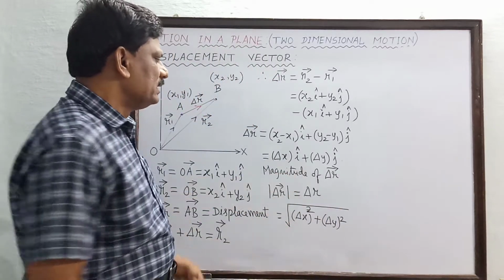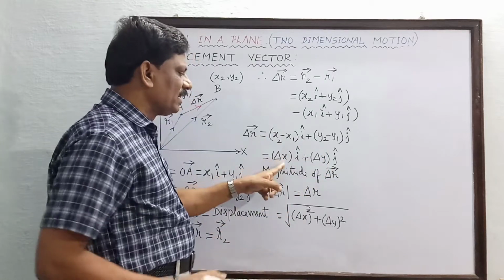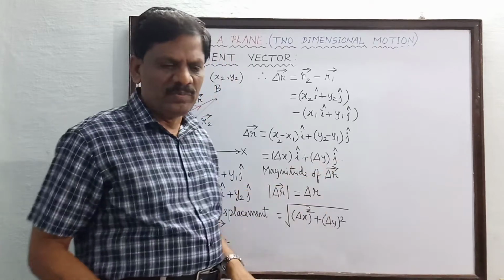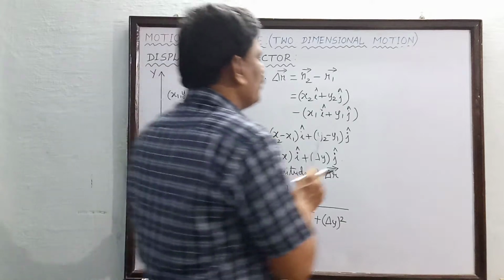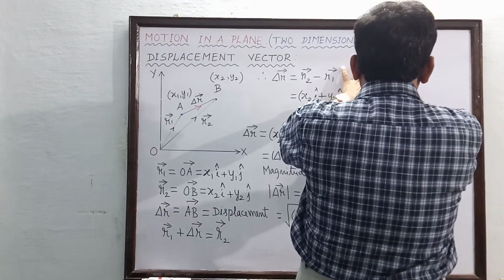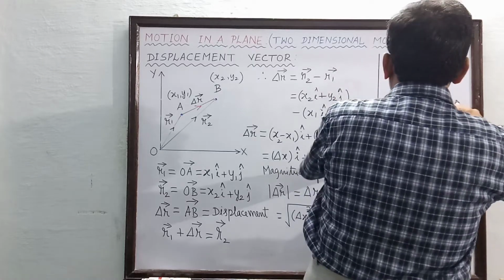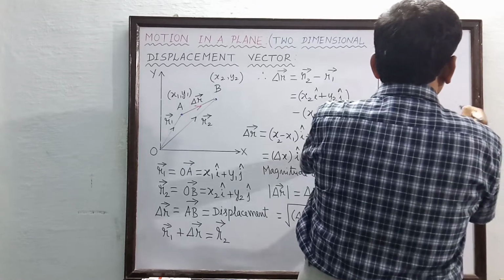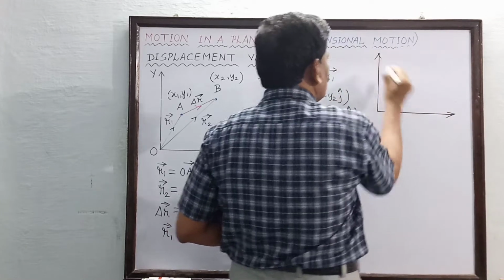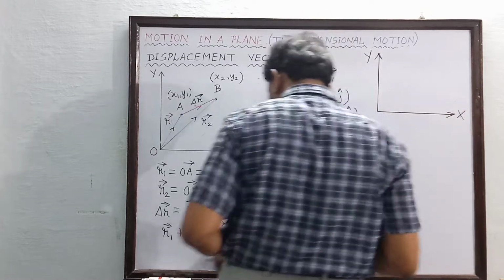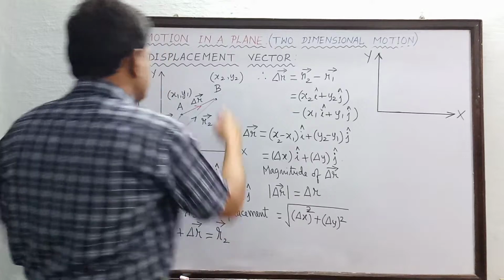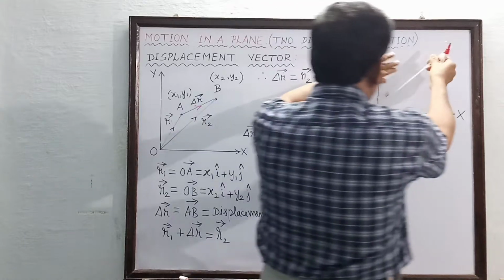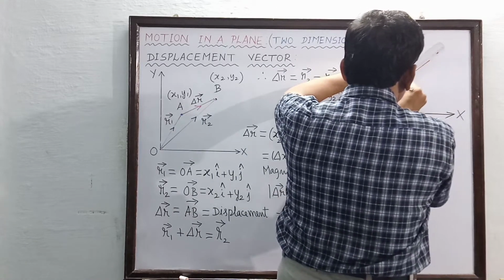Now this displacement vector delta R, equal to delta x i cap plus delta y j cap, can also be represented by a diagram. In the xy plane I am representing delta x and delta y along the x and y axes respectively. This is the y axis, this is the x axis. First we take this AB vector, that is the delta R vector, the displacement vector, and represent it like this.